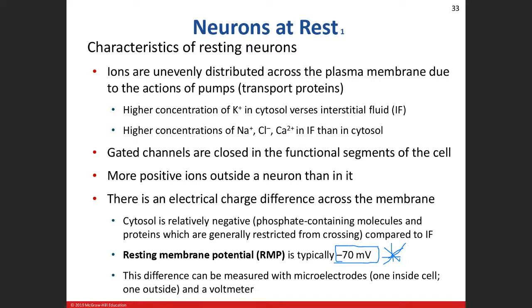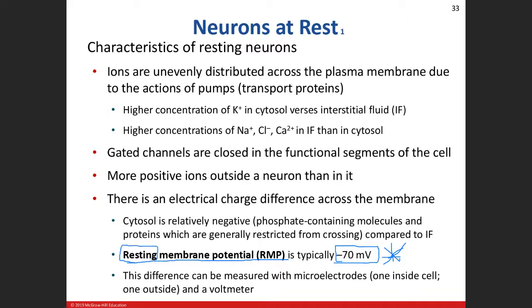And so we give that a name, the resting membrane potential. So what does that mean? That is the membrane potential, the difference in the electrical charge across the plasma membrane when the neuron is at rest, when it's doing nothing.